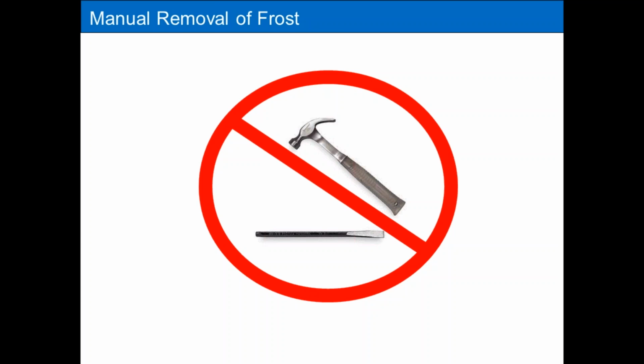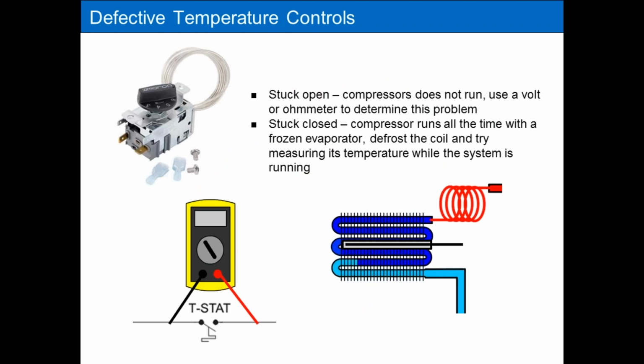Once you have a clean coil, then we can start to determine whether it's temperature control or loss of refrigerant, right? So a temperature control that causes an iced evaporator generally means the thermostat is stuck closed, right? So how are you going to determine that it's stuck closed? Well, a good way of determining that is to measure the temperature at the same location where the sensing element is connected to that evaporator.